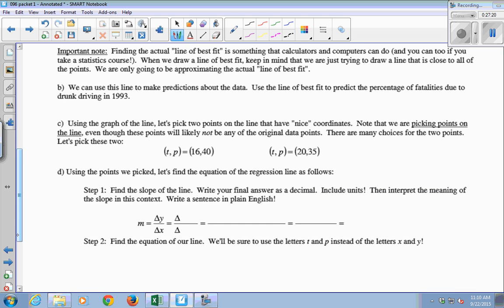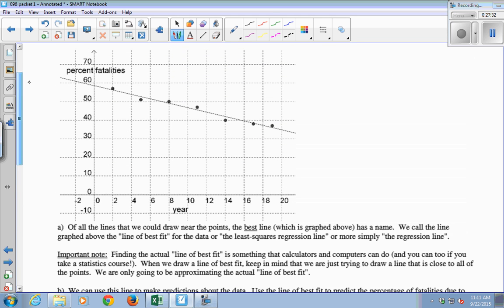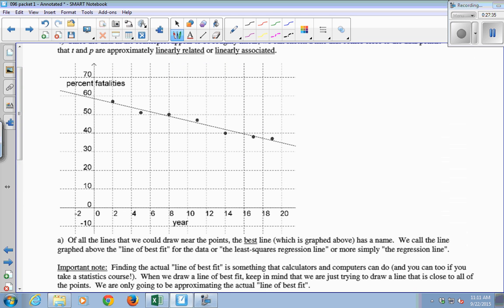Okay, so we can use this line, the line of best fit, to make predictions about the data. So I want to use the line of best fit to predict the percentage of fatalities due to drunk driving in 1993. Right, so I go up to my picture. What number on the x-axis corresponds to 1993? 13, right, because we started in 1980.